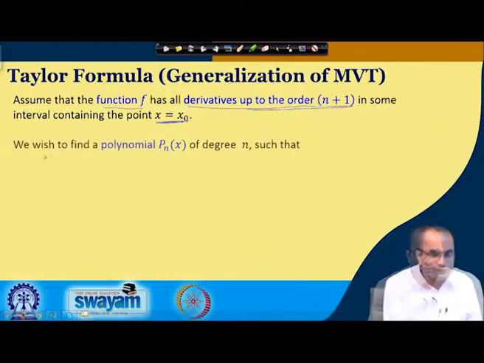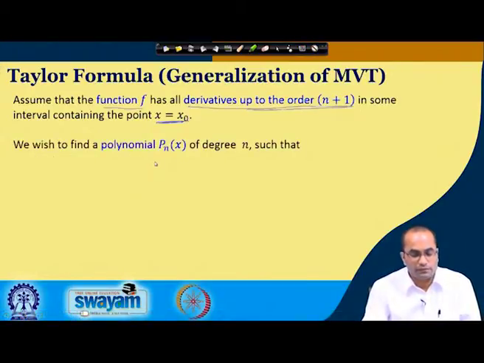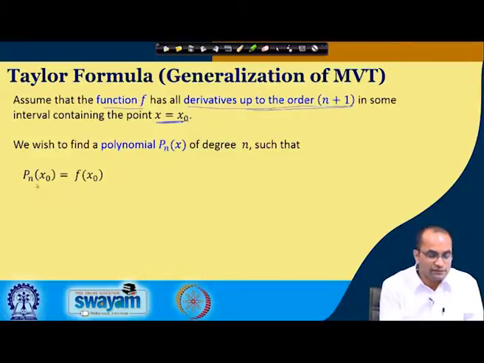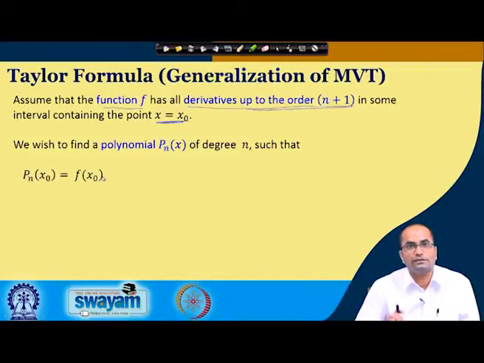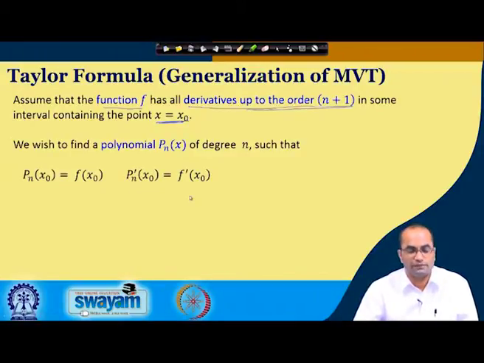Having this, we wish to find a polynomial p n of x of degree n with the conditions that this polynomial satisfies: p n at x 0 is equal to the function value at x 0. Second, the first derivative of this polynomial is equal to the first derivative of the function.